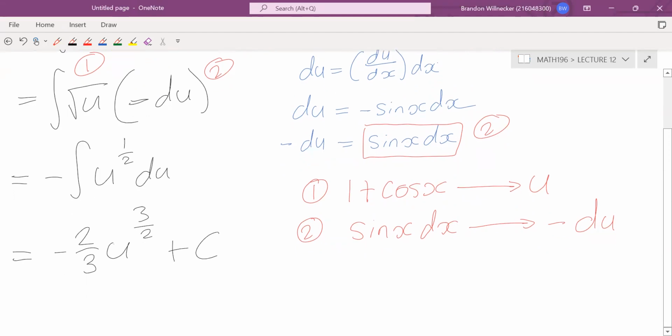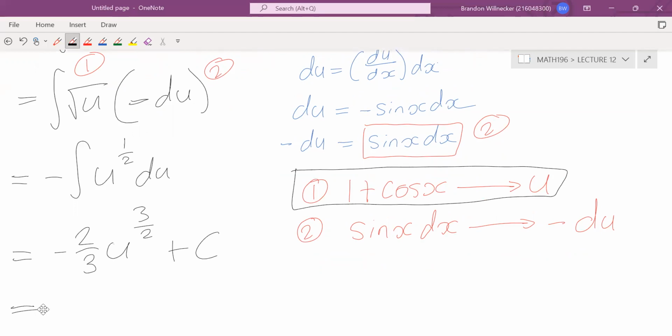Okay, so remember our first replacement here. If we go back to x, what is our final answer going to be? So we've got the replacement here in the box.